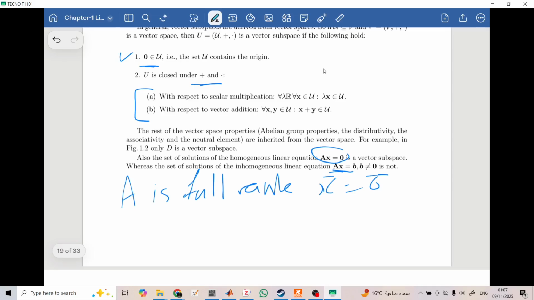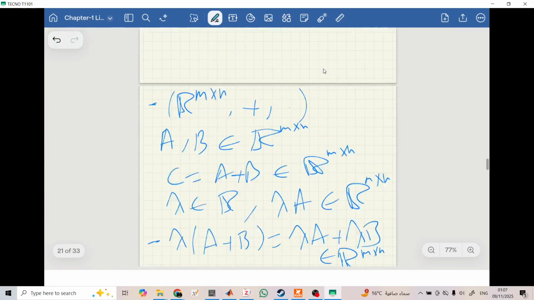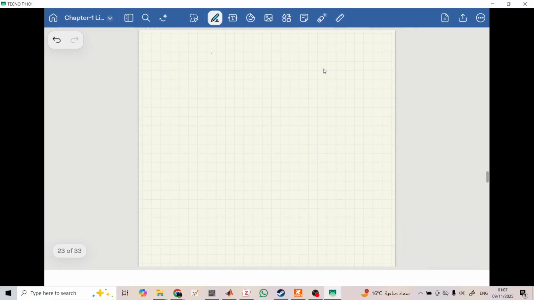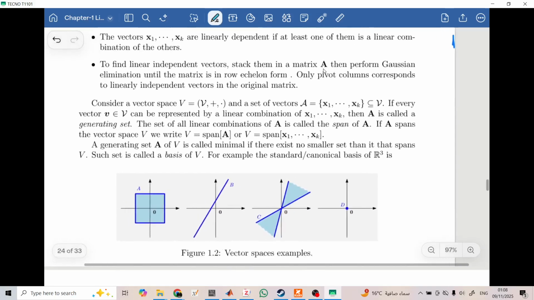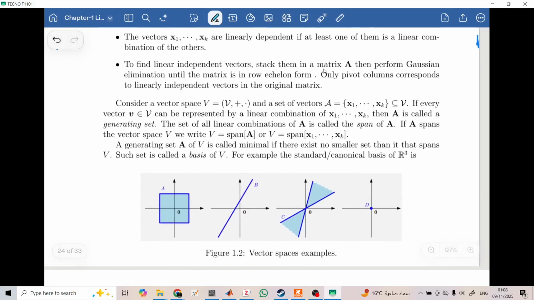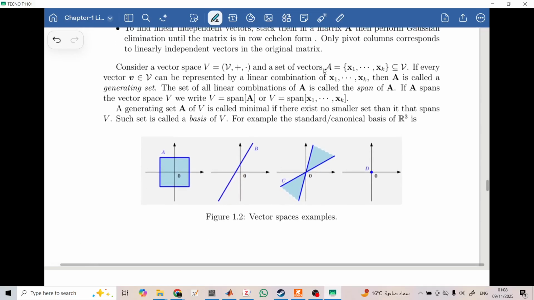So let's take a few examples here. In these figures, let's discuss them. This region, set A, is not a subspace. Why?